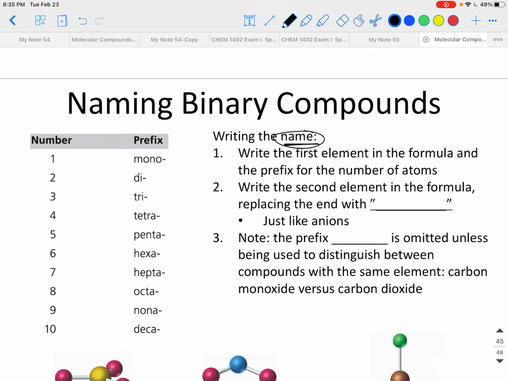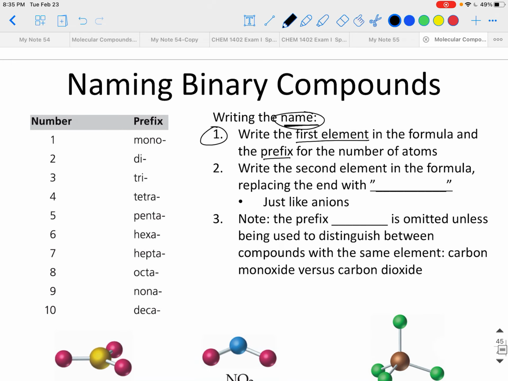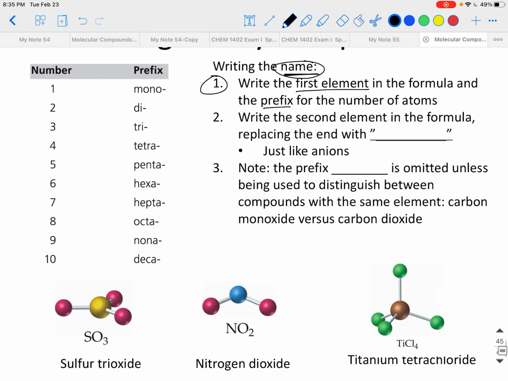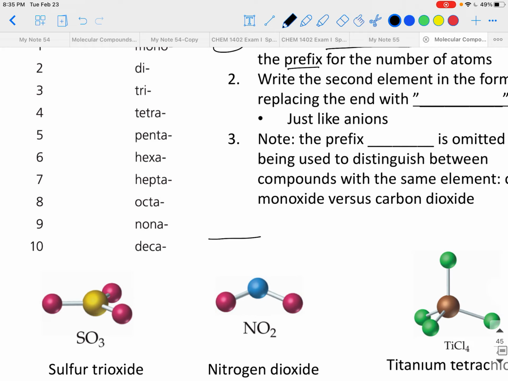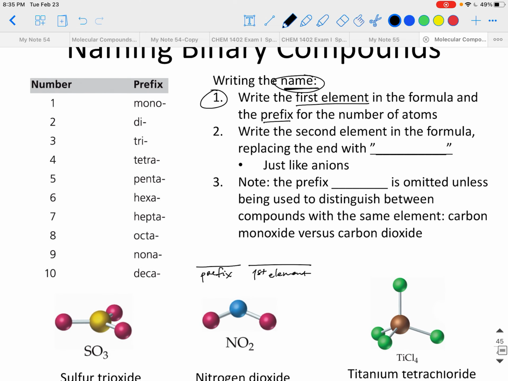So again, names here involve writing out the full name of the element. So rule number 1, you're going to write the first element in the formula, and you're going to include the prefix with that element name for the number of atoms. And a prefix is a word that comes first. So the way this is set up so far is you're going to write the prefix, and then you're going to write the first element, and it's the full name, okay?